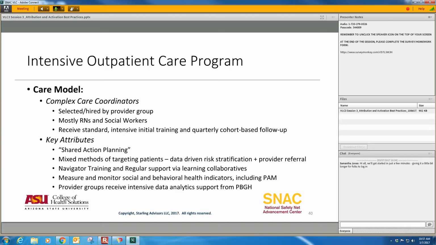So the initial step was data-driven risk stratification, so really looking at high-cost patients, driving into who the highest cost patients are, but they also modified, as they spread the model to other provider groups, they found it was important for both provider engagement and also for identifying real areas of opportunity to have the flexibility to have provider referral.